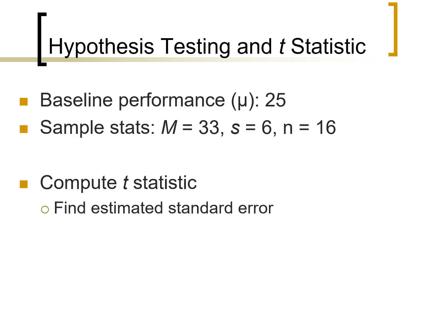So what does our t-statistic look like? Well, we need to find the estimated standard error. So we need to pop this into our formula. Now notice the equivalent of this equation is also just take the square root of both of them, and then you would just have s over radical n. You can use either formula, but from this number, I think I'd rather just have that 6 on top.